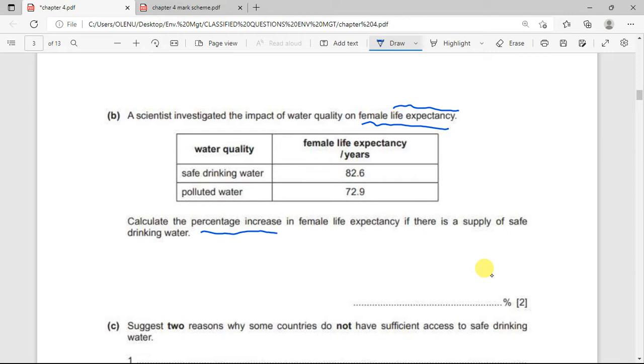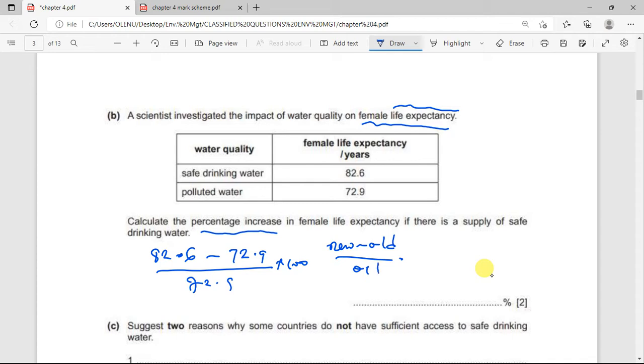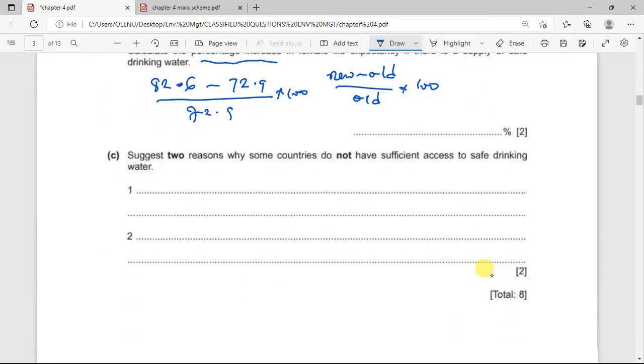So with safe drinking water life expectancy increased to 82.6. 82.6 minus 72.9, divide by 72.9, times 100 will give you the answer. I normally call it the new minus old value over old times 100. That's how you calculate percentage increase.